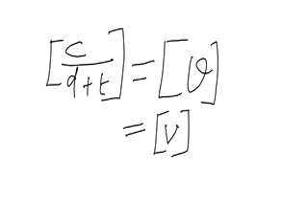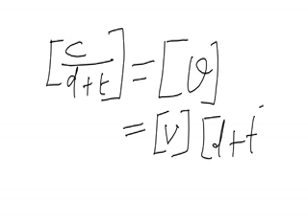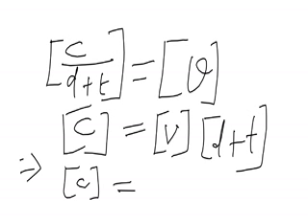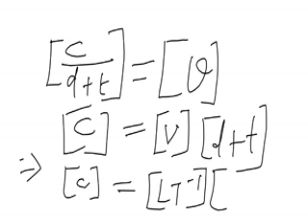And d plus t will go here, and they will be multiplied to each other. So this will be the dimension of c, LT minus 1, times d plus t.